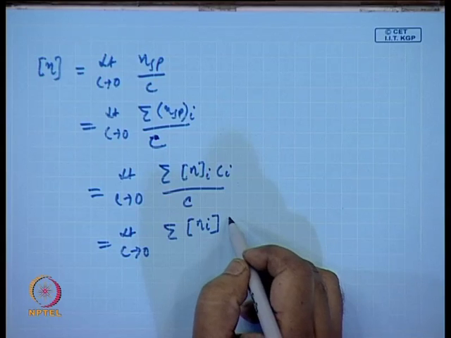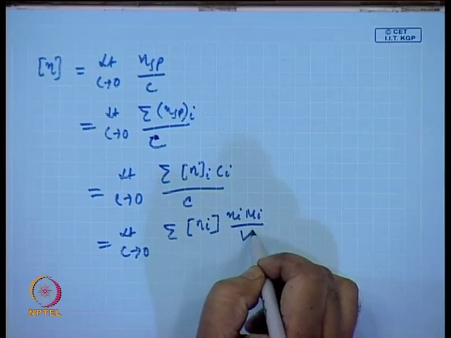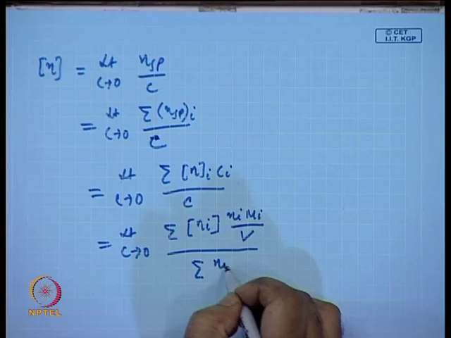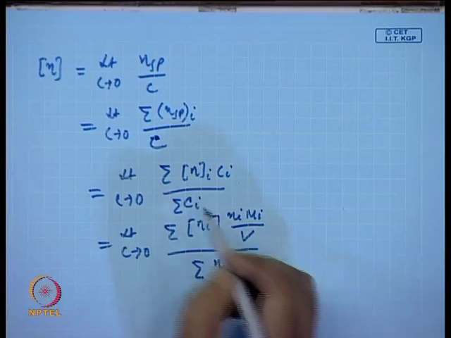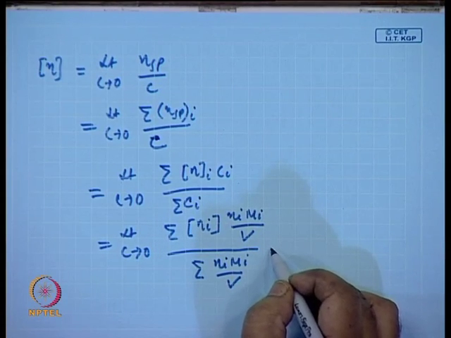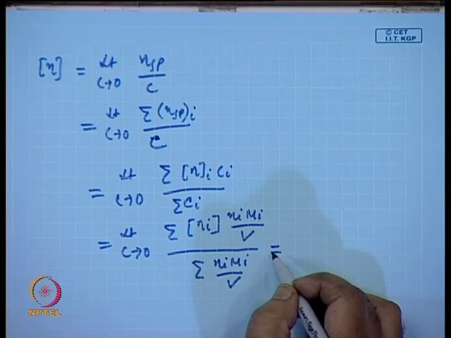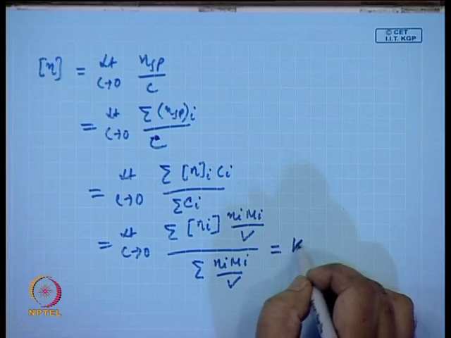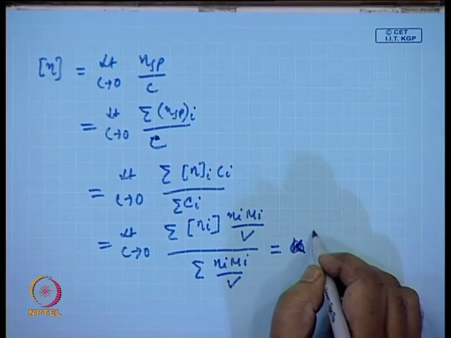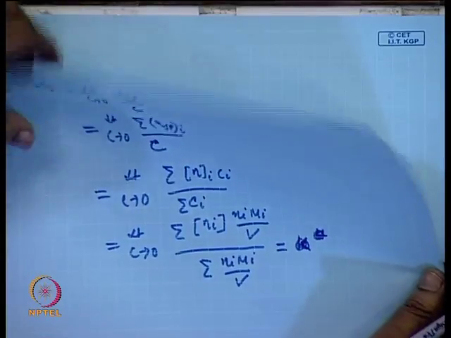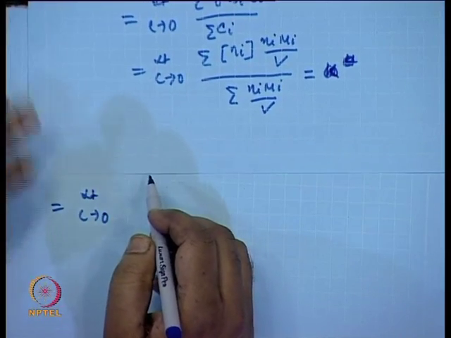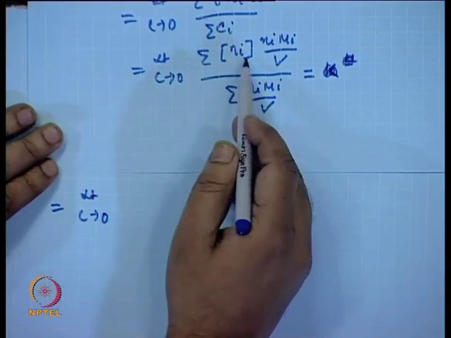You can write the value for C i as N i M i by V, and C is basically the summation of C i, so you can write N i M i by V. Then eta i is K M i to the power a. Let me write on a separate page.